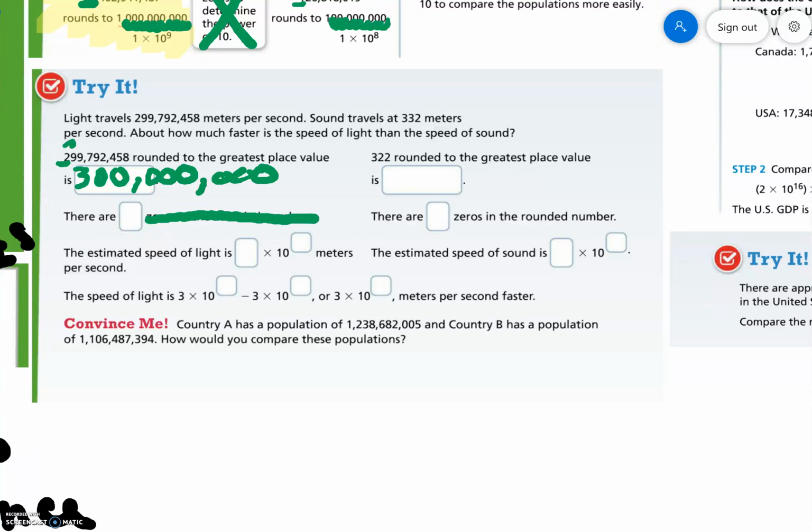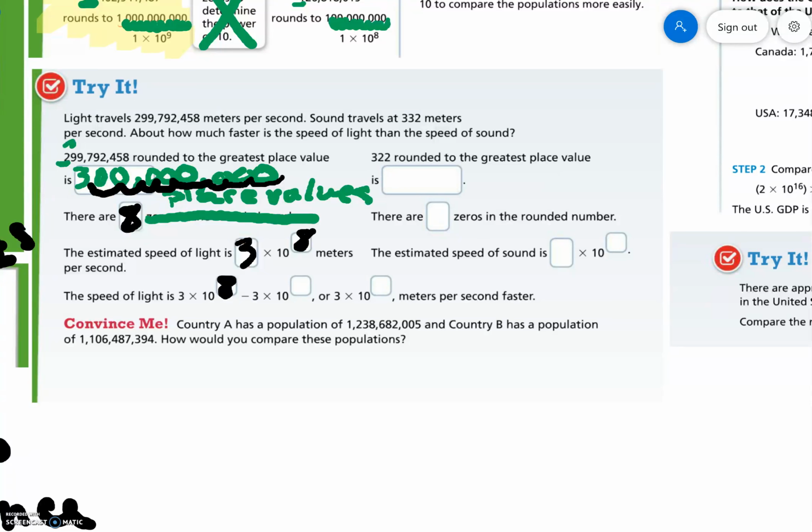Let's say there are blank place values behind the 3. So we are going to count 1, 2, 3, 4, 5, 6, 7, 8. There are 8 place values. So the estimated speed of light is 3 times 10 to the 8 meters per second.